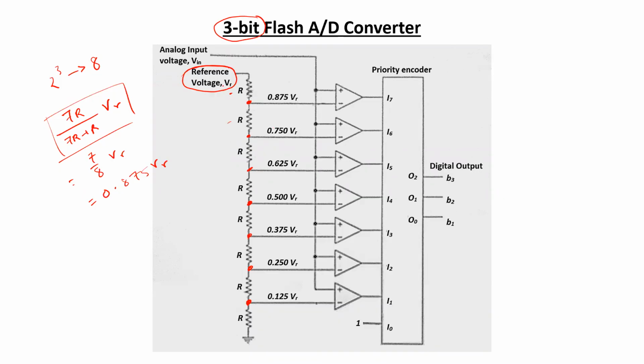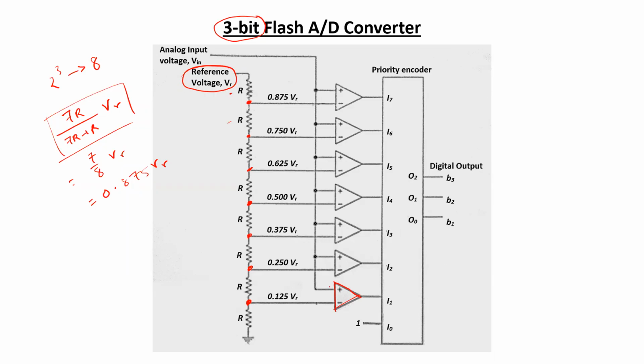In this way, similarly, the reference voltage is divided into multiple stages, and each of these reference voltages is connected with a particular comparator circuit. The op-amp here is working as a comparator. Each of these unique reference voltages is connected at the inverting terminal of each op-amp, which are working as comparators.